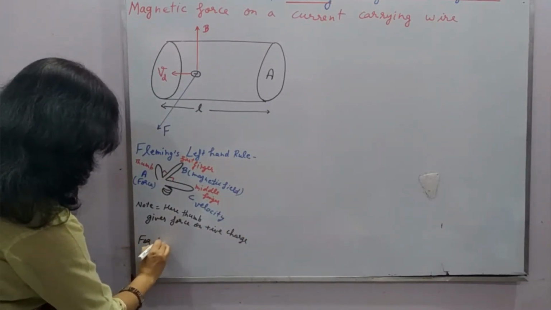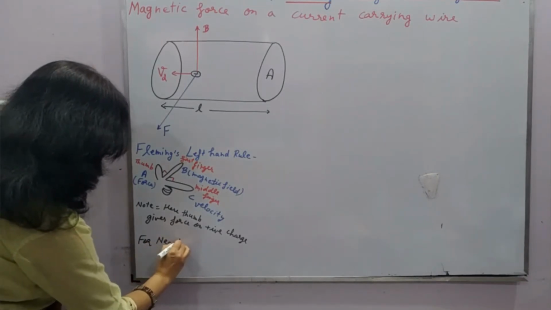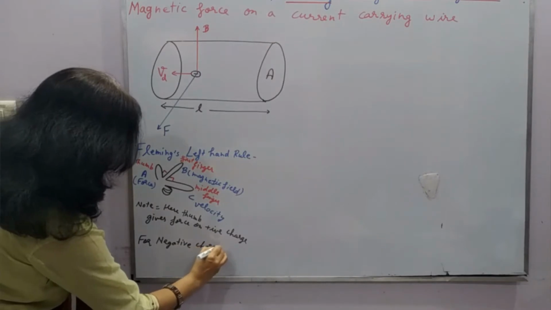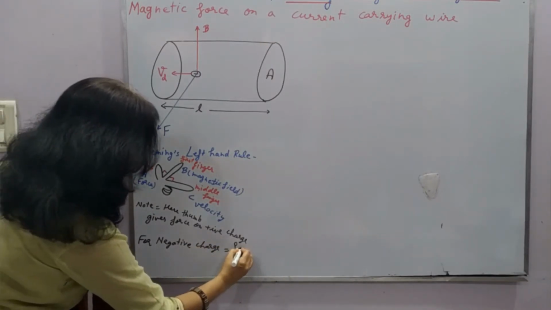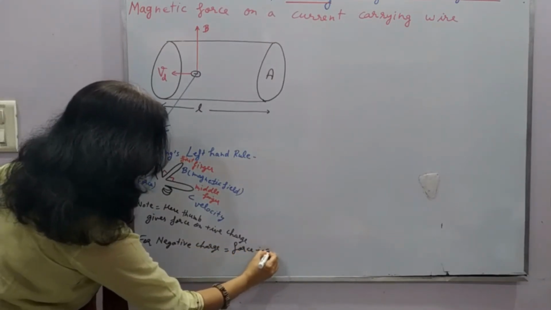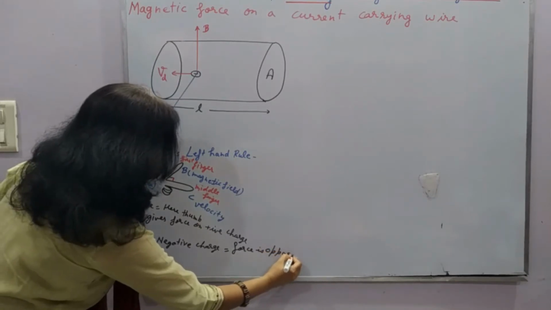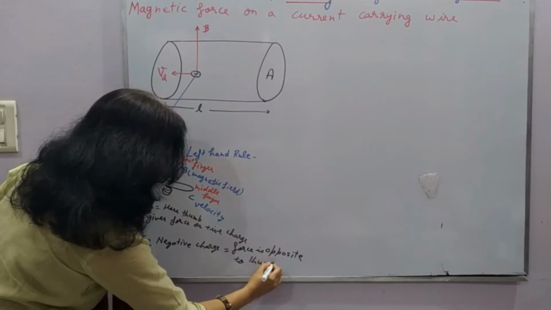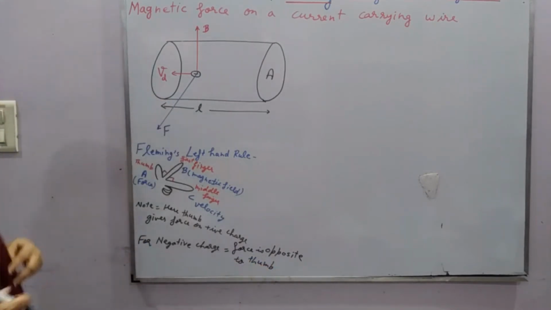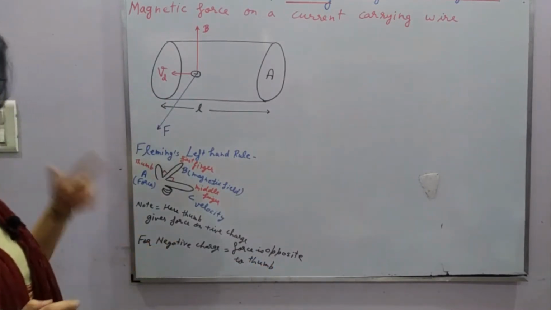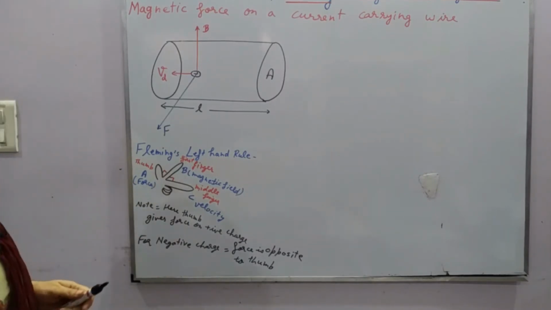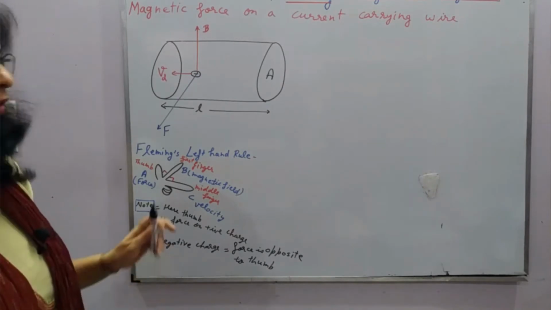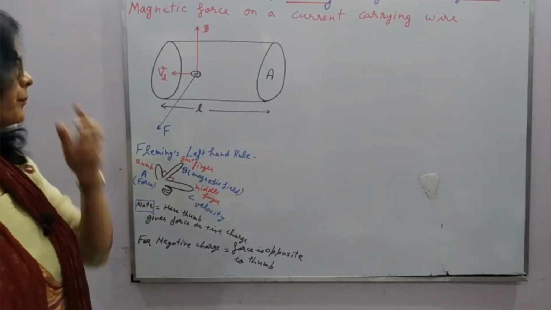For a negative charge, the force is opposite to the thumb. This is an important thing here, right? For negative charge, the force is opposite, and for positive charge, it is given by the thumb, right?